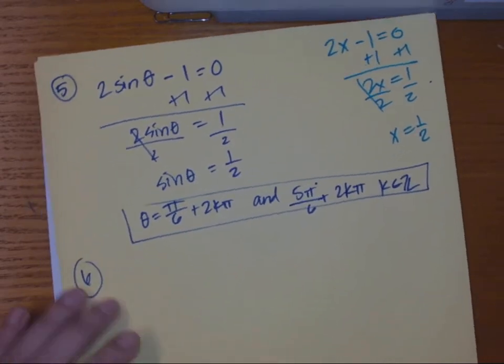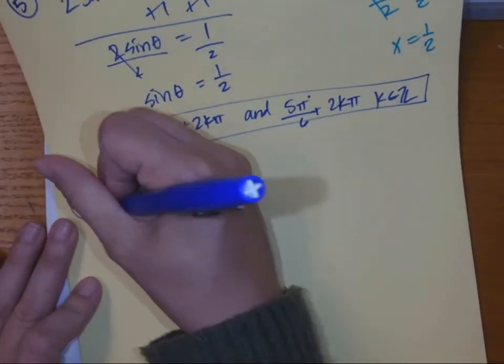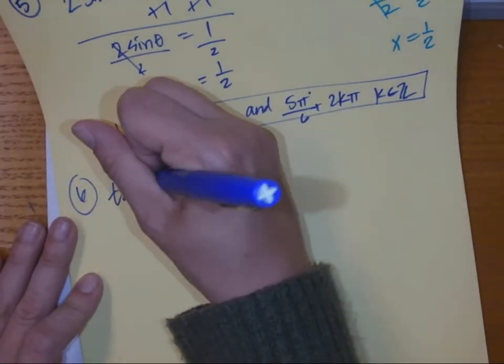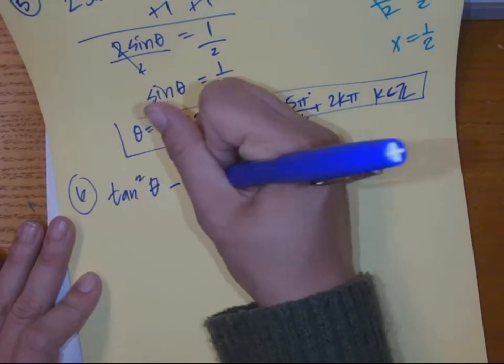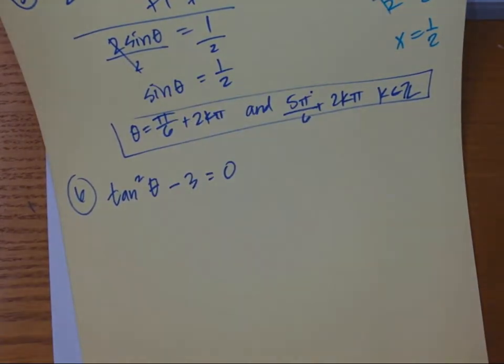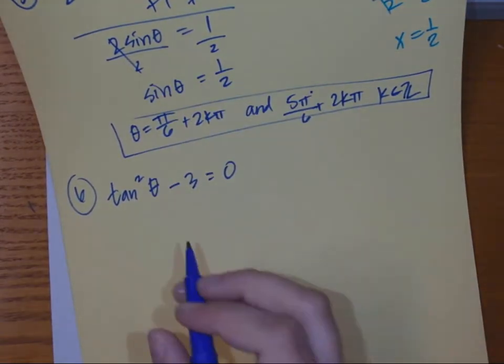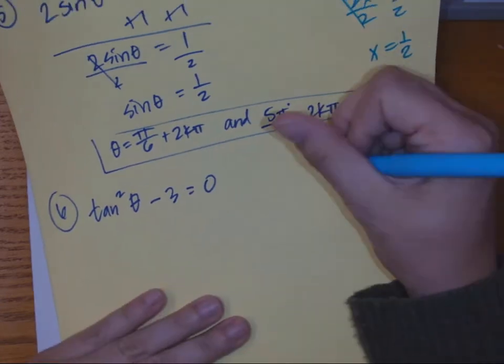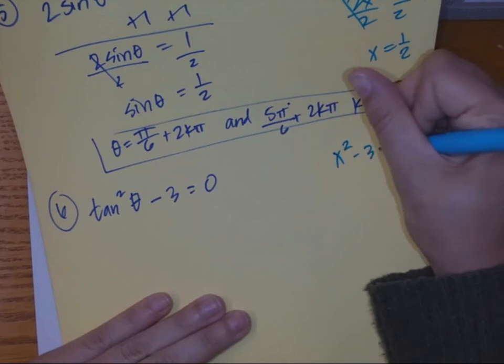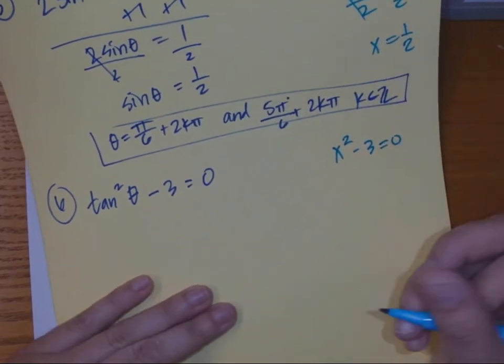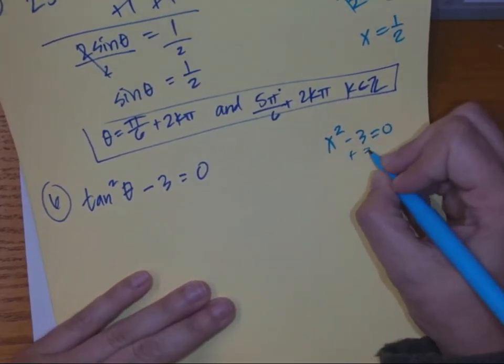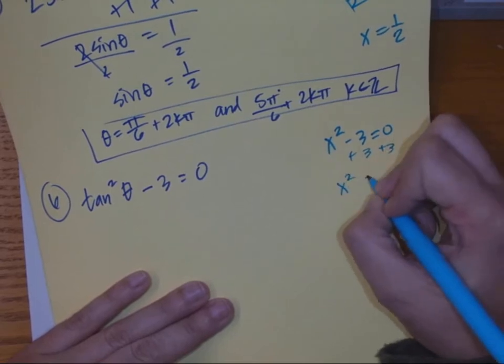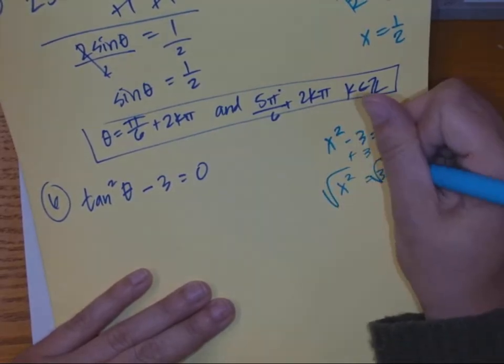Okay, look at this one. If I had tangent squared theta minus 3 equals 0. So tangent squared theta minus 3 equals 0. This is similar to the equation like x squared minus 3 equals 0. The easiest way to solve that equation is to add 3 to both sides and get x squared equals 3, and then take the square root.